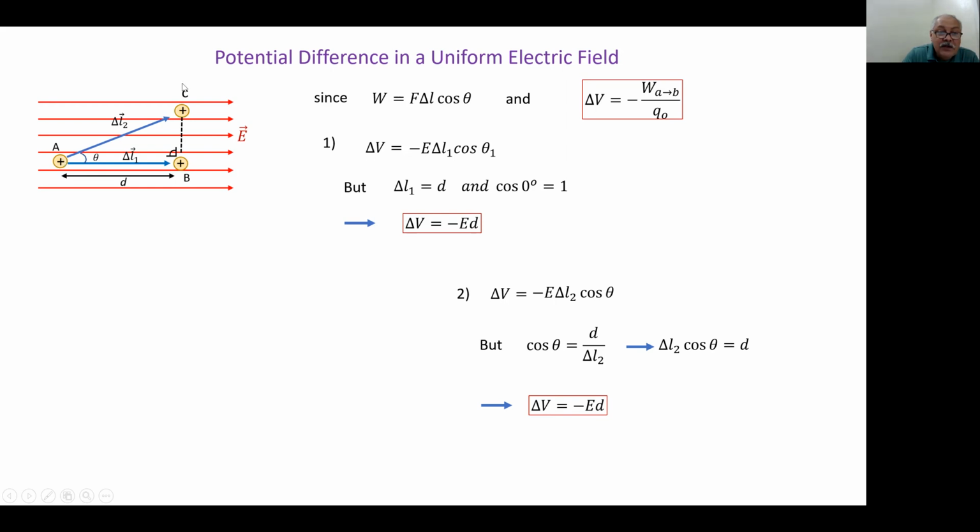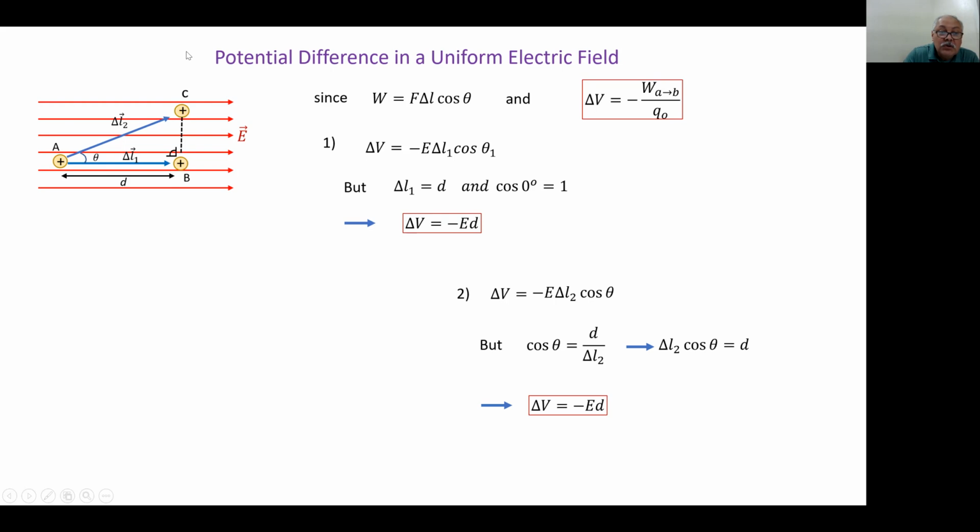Because right here, these two points are at the same potential. We can conclude that because we have the same voltage, right? So we have some voltage right here, and another voltage right here, but these two are at the same potential because the difference is the same. In this case, it doesn't matter which path.